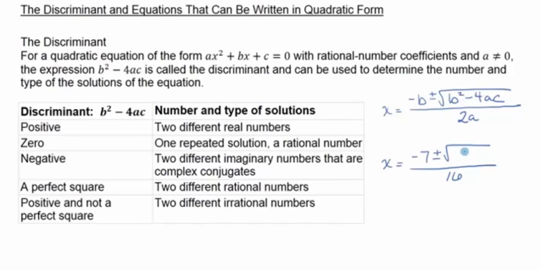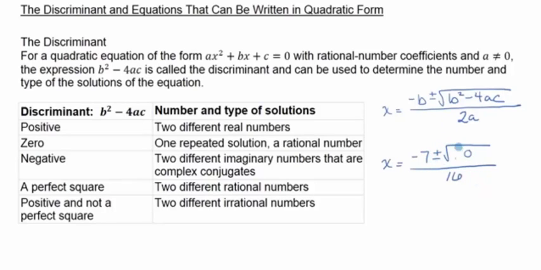If this is a positive number, then we'll have plus the square root of that and minus the square root of that added to the negative 7 and divided by 16. So that's going to give you two different solutions, but also if it's positive, taking the square root means you'll have real numbers.